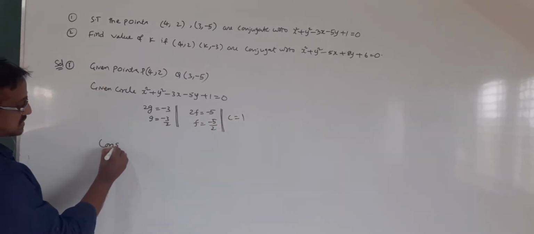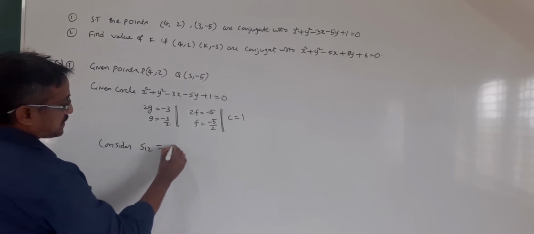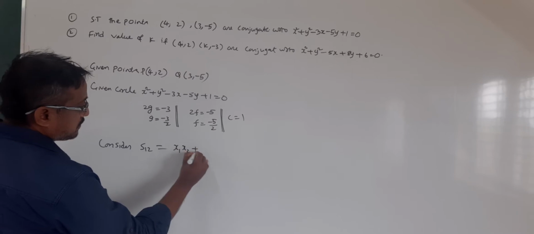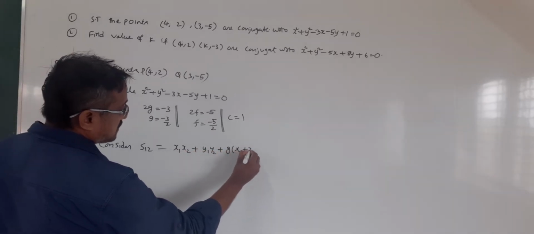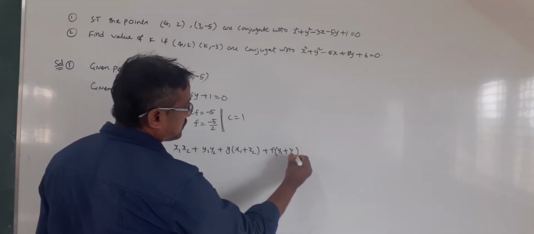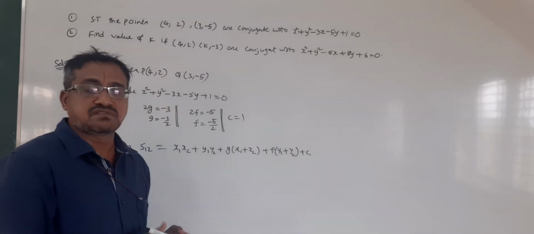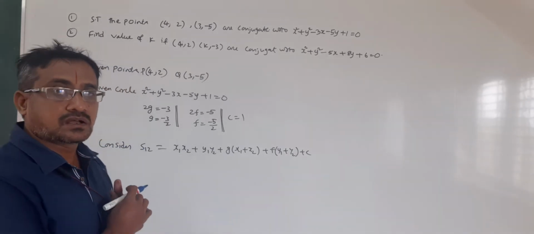So let us consider S12, that is x1x2 + y1y2 + g(x1 + x2) + f(y1 + y2) + c. If this value is equal to 0, we say that those two points are conjugate.